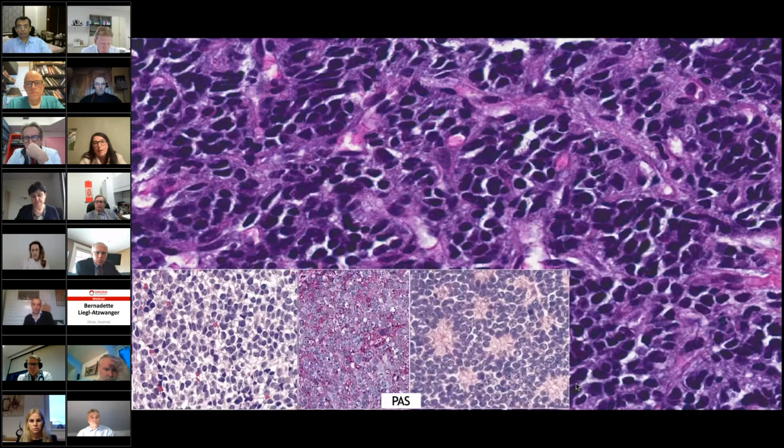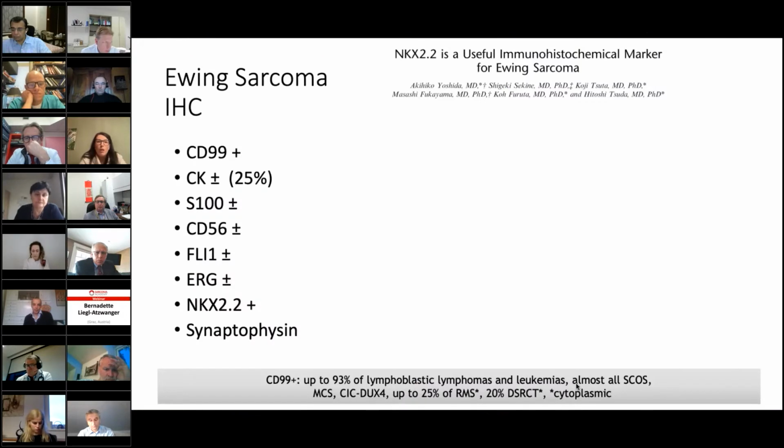We can see some tumors with clear cytoplasm because of the glycogen, and we can see some more neuroectodermal differentiation by seeing these Homer-Wright rosettes. But overall, the immunohistochemistry for Ewing sarcoma is not specific, so there is no specific marker.